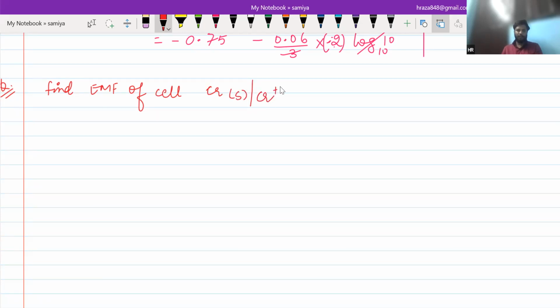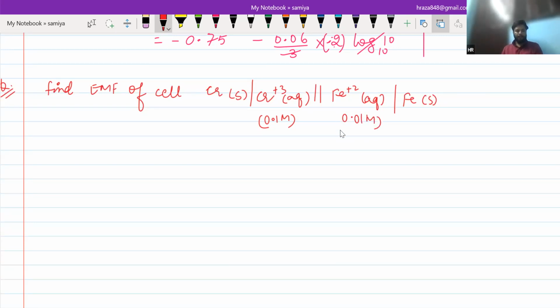Cr converting into Cr plus 3 equals 0.1 M, double slash, Fe plus 2 equals 0.01 M, single slash, Fe solid.